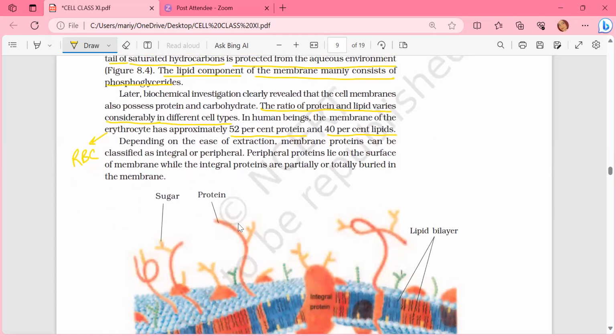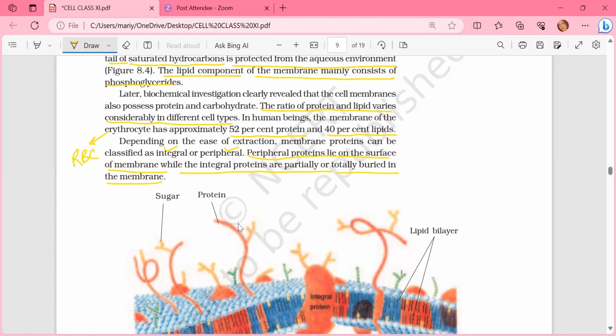Now, depending upon the ease of extraction, membrane proteins can be classified as integral or peripheral. Peripheral, as the name suggests, lies at the periphery, at the surface. So peripheral proteins lie on the surface of the membrane, whereas the integral proteins are partially or totally buried in the membrane.